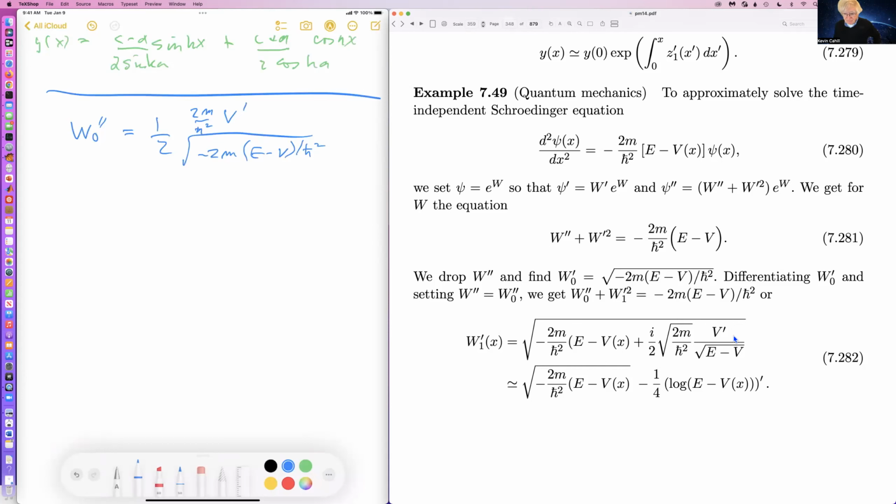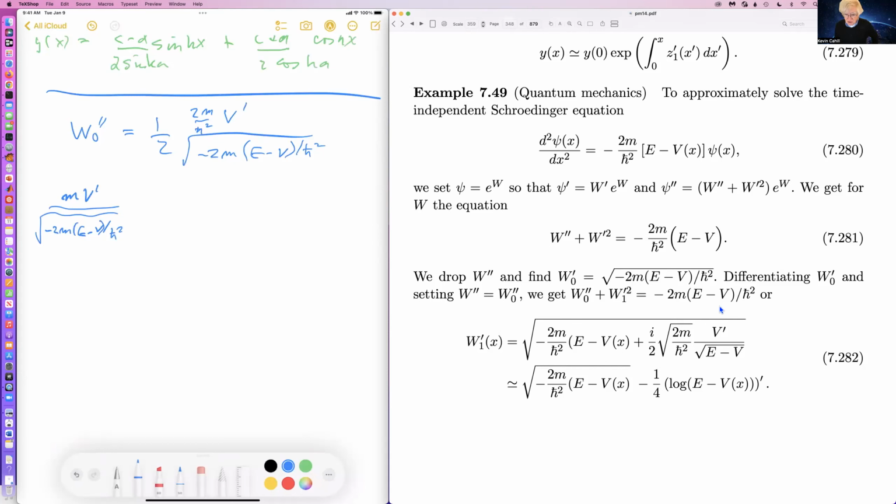And so then our equation is w0 double prime plus w1 prime squared equals that. And so substituting in for this expression for w0 double prime, what we have is m V prime, there's not a double prime there, over this square root of minus 2m (E minus V) over h bar squared.